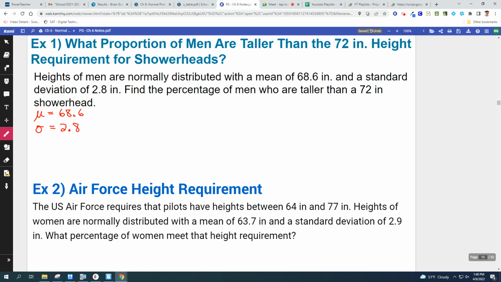Last lesson, it was always a mean of 0 and a standard deviation of 1. Now it could be anything, and including weird stuff. All right. So this number over here, 72, this is our x number. And x is just whatever specific number we're looking at the time. For our problem, we're looking at 72 and how it compares to the mean, I guess.